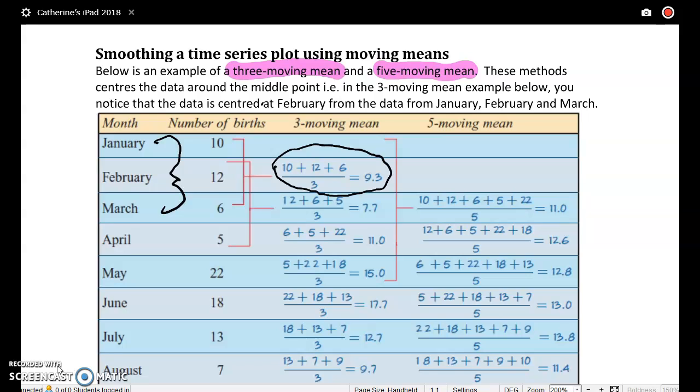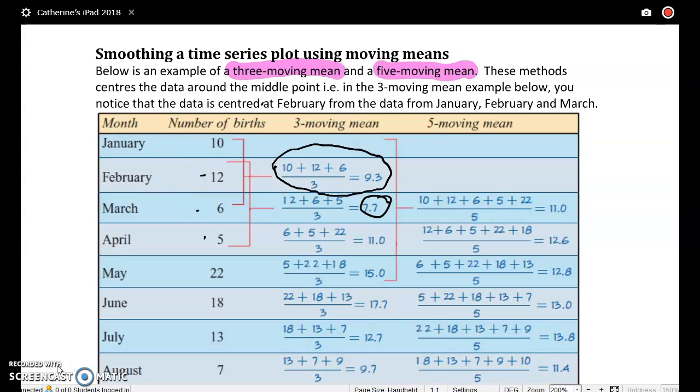We get the data for February, March and April, add them all together, divide by 3, and get our mean of 7.7, which is centered at March. So that's 3 moving means, using 3 data points.